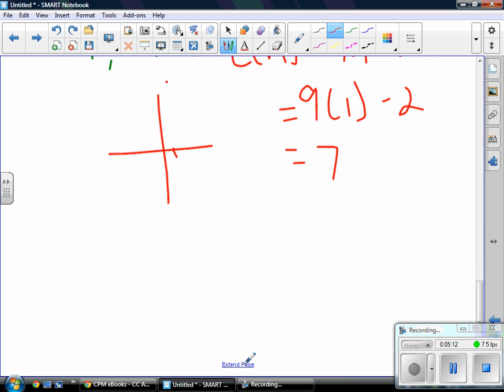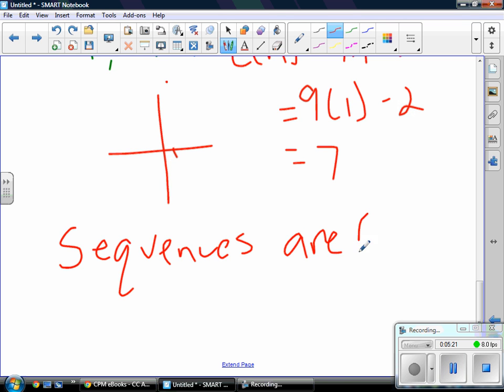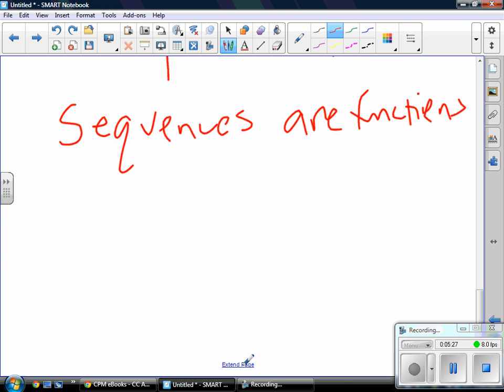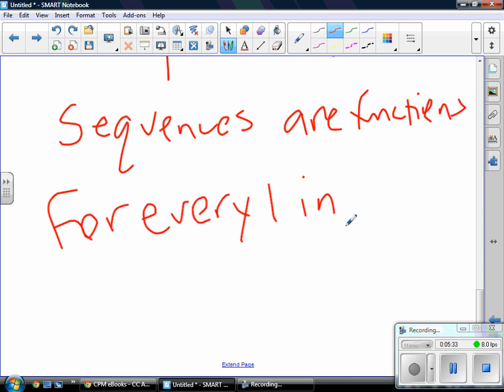So, is a sequence a function? Yes, a sequence is a function. Sequences are functions, and that's because for every one input, or x value you plug in, input means x, you get one output.